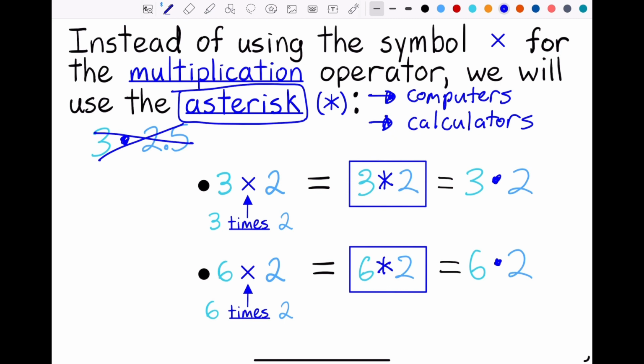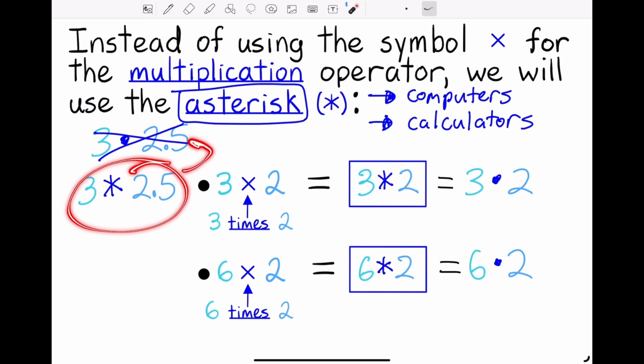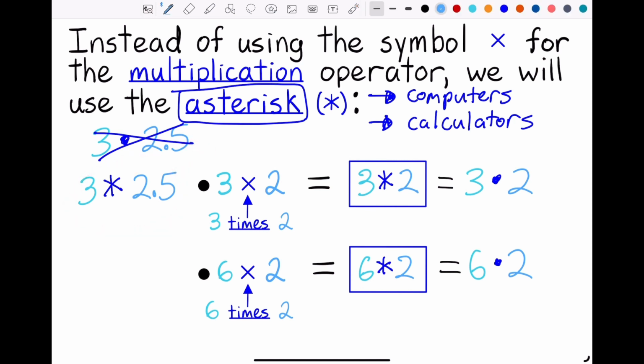And so even with decimals, when we have something like 3 times 2.5 and we use the asterisk, it cannot be confused with the decimal point. And so this is clearer than when we use the dot. So from now on, we're going to use the asterisk instead.